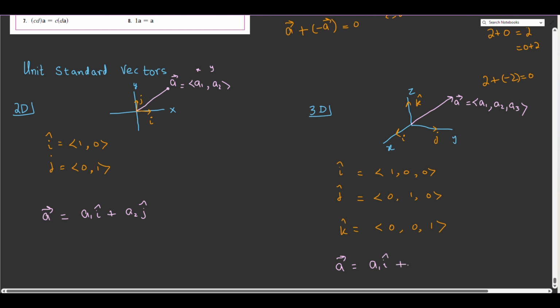That is A1 multiplied with i plus A2 multiplied with j plus A3 multiplied with k. That's how you can express these vectors in terms of the standard unit vectors i, j and k.